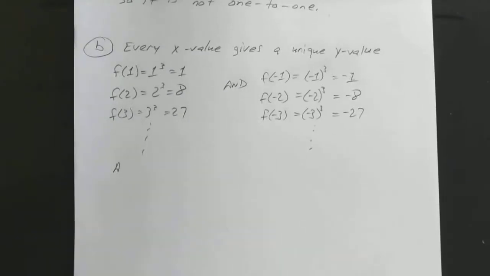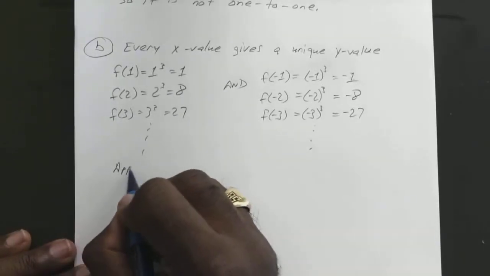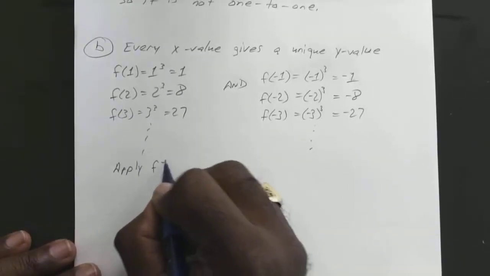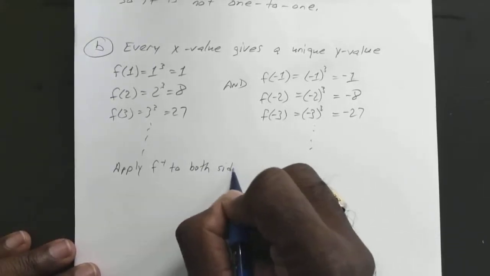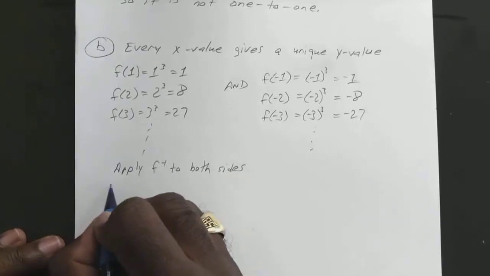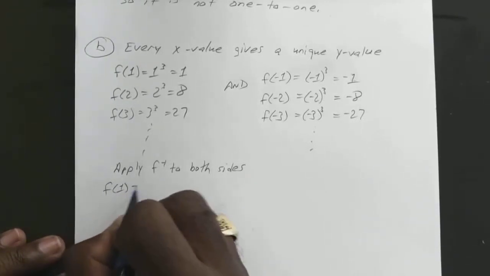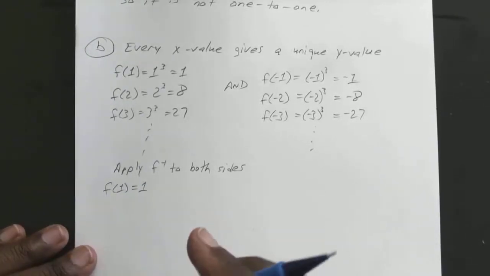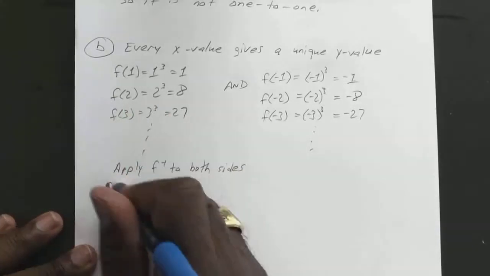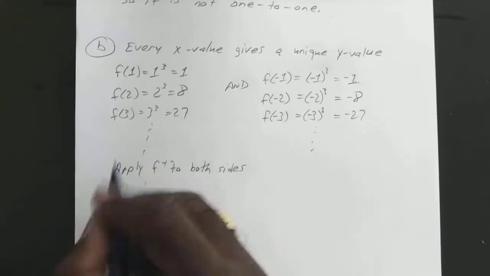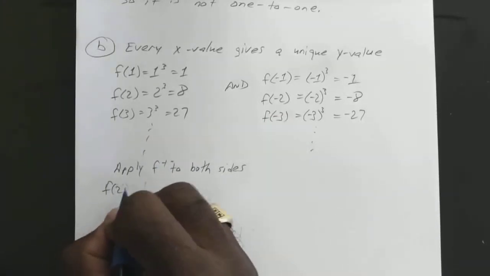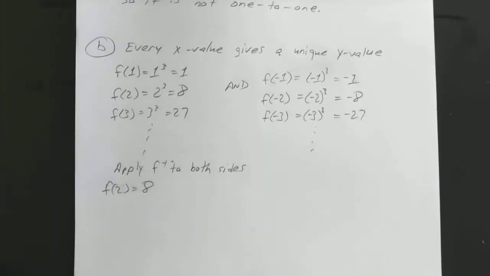So if we apply f inverse to both sides, okay, so that means our f of 1 equals 1. Well, probably should have picked a different one, since that's both 1. So we'll try f of 2 equals 8.